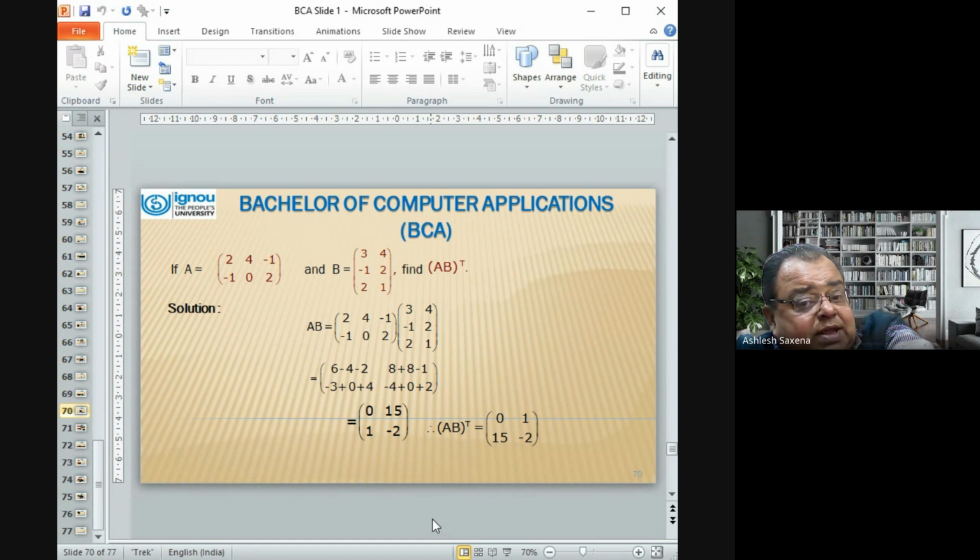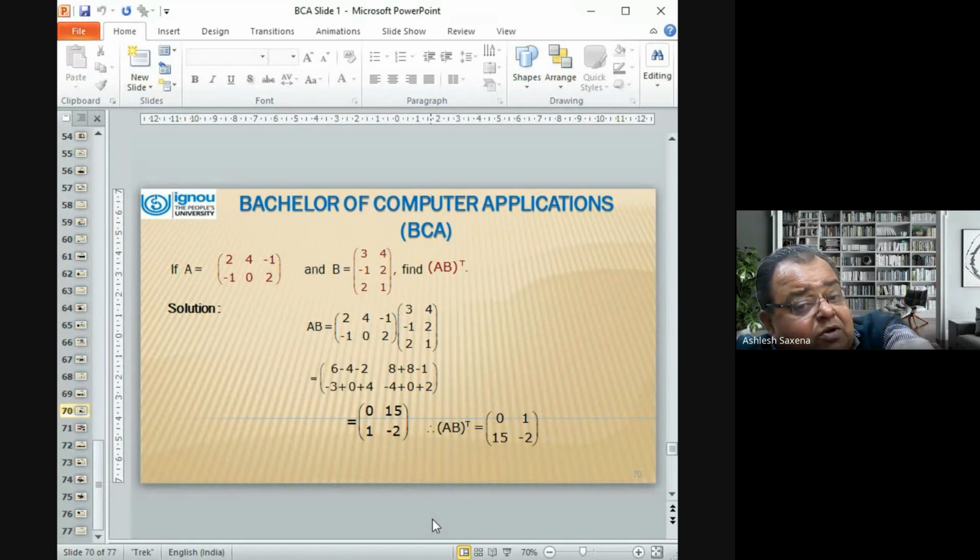Multiplication is the same. 2 into 3 plus 4 into minus 1 plus 1 into minus 2. And the second column will be 2 into 4 plus 4 into 2 plus 1 into minus 1. The second row will be minus 3 into 1 plus 0 into minus 1 plus 2 into 2.